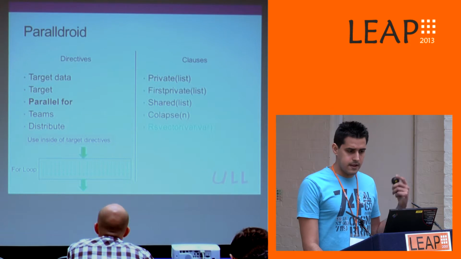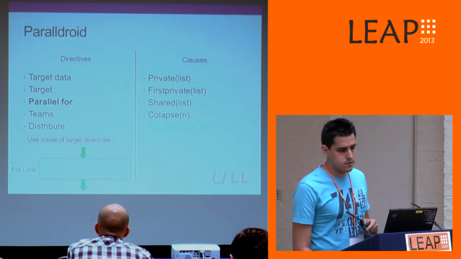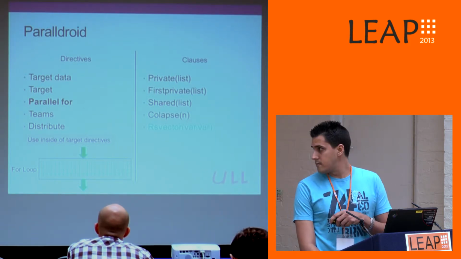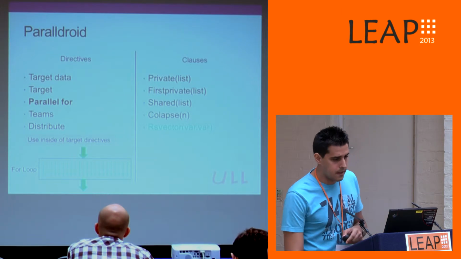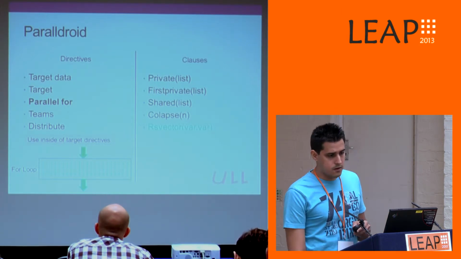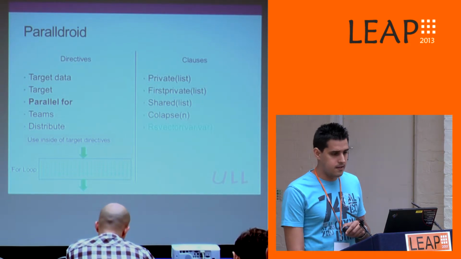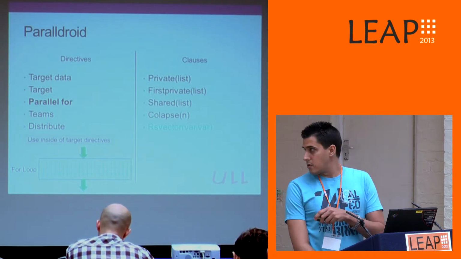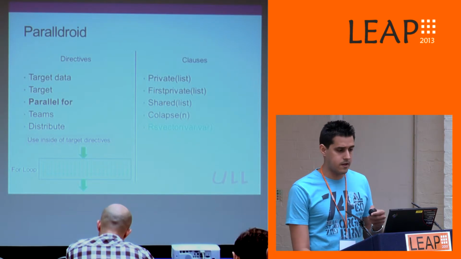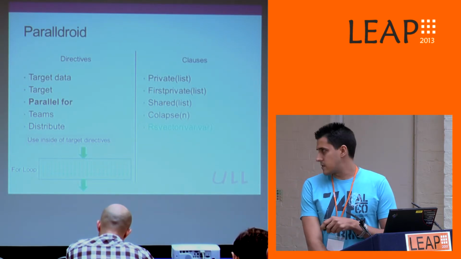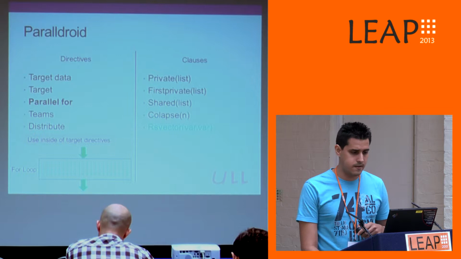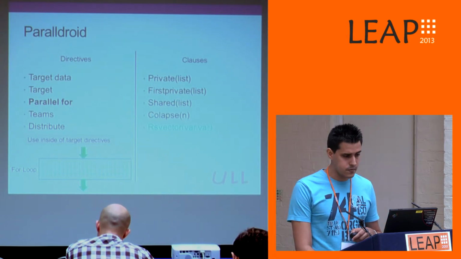This directive is applied to a for loop and is responsible for distributing the load of the for loop between the threads available on the accelerator.